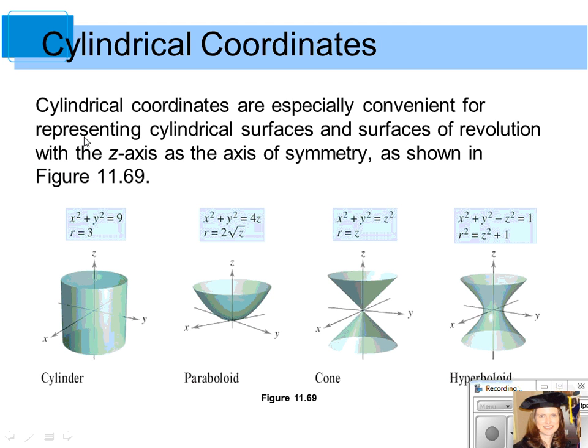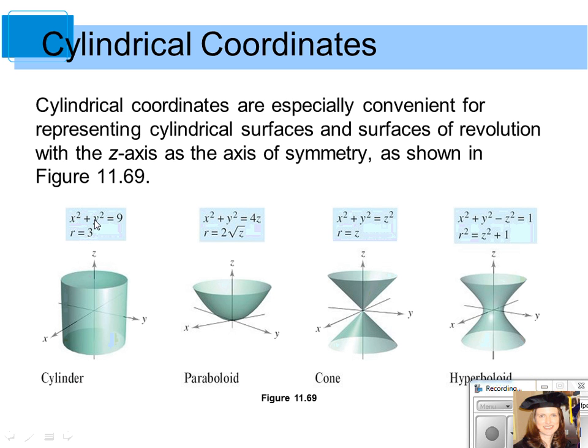Here are some examples of surfaces using cylindrical coordinates. Cylindrical coordinates are especially convenient for representing cylindrical surfaces and surfaces of revolution with the z-axis as the axis of symmetry. Our first equation is a cylinder, x squared plus y squared equals 9. This can be converted to cylindrical coordinates because x squared plus y squared is equal to r squared.